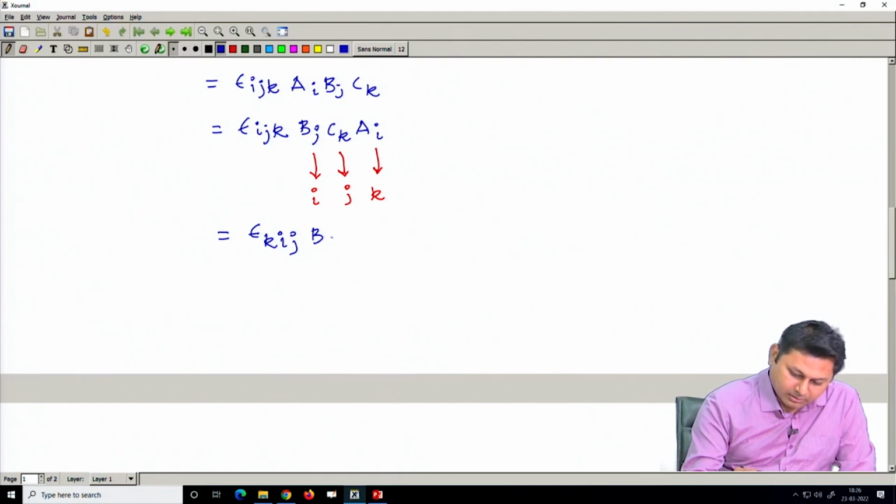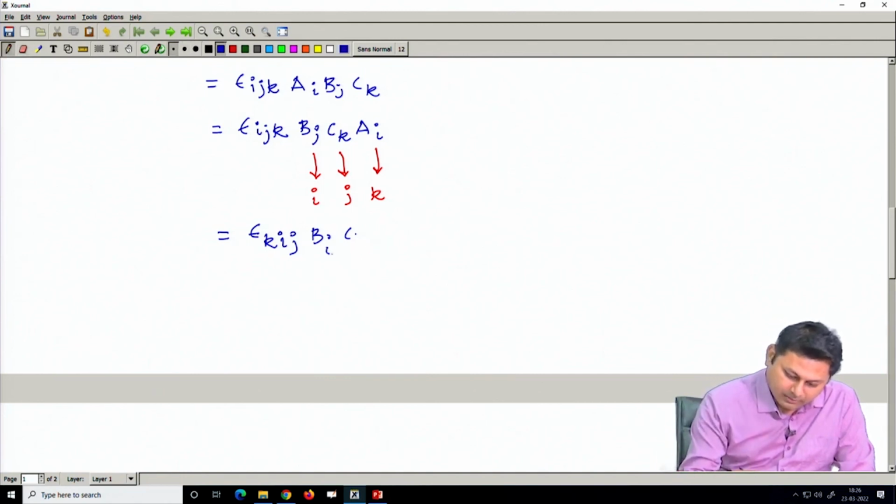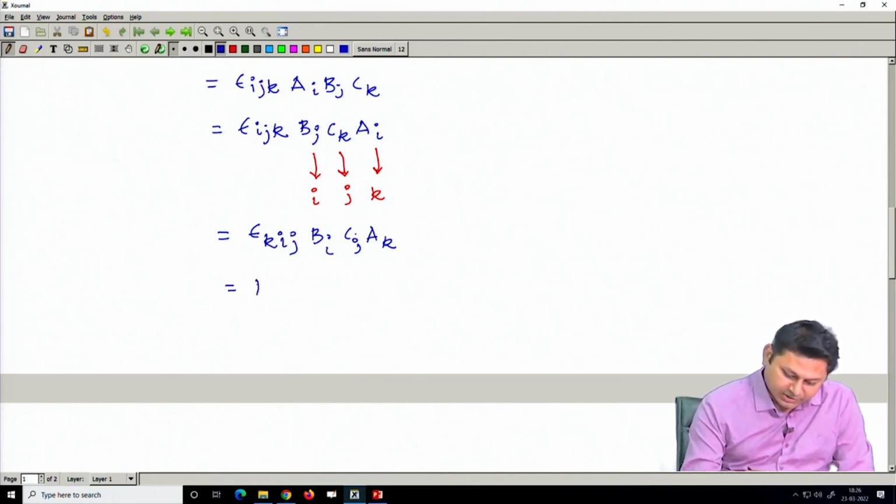Now I write b i, because I changed this b to b i, c j and a k. So, these things I now rearrange. I write b i, and then epsilon k i j, then c j a k.